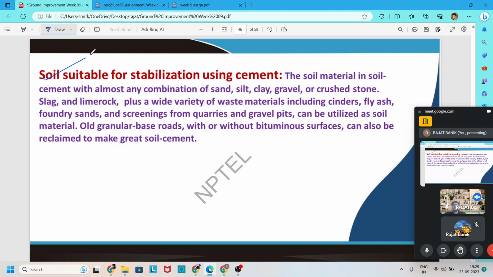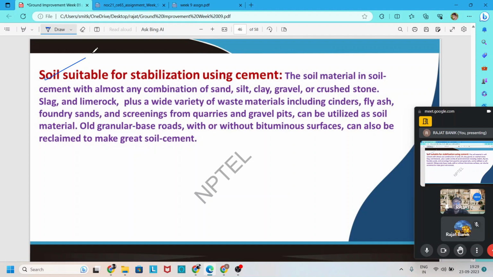Now we discuss soil suitability for soil cement. It is said that soil cement can be made with almost any combination of sand, silt, clay, gravel or crushed stone. That means soil cement is used to stabilize a wide range of soils.